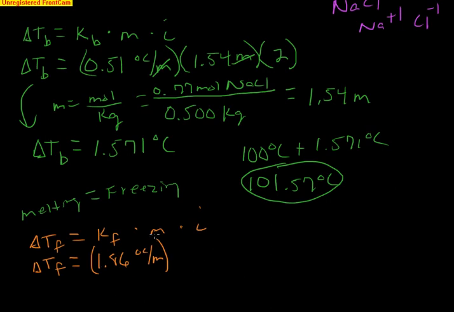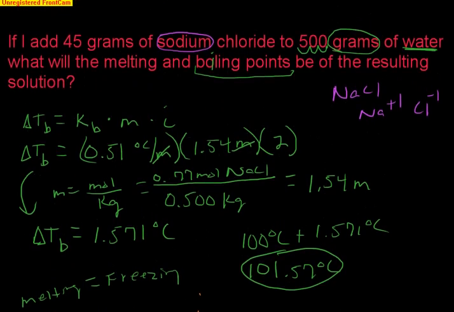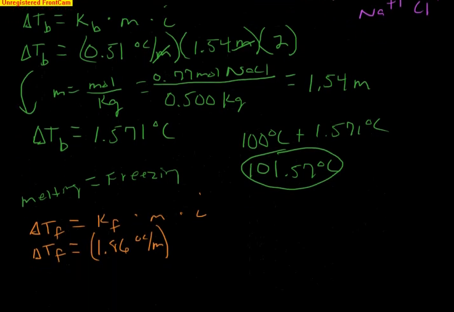The molality, we've already calculated the molality to be 1.54. That's not going to change because if we go back up to the problem, we still have 45 grams in the same solvent, the same solution. So the molality is not going to change. So we're going to keep the same molality that we had.